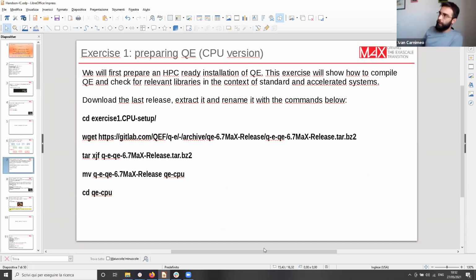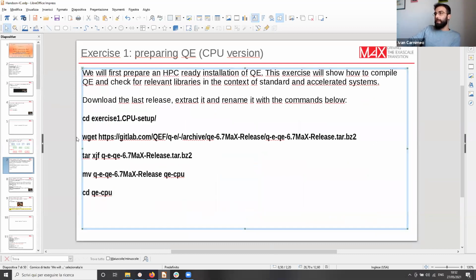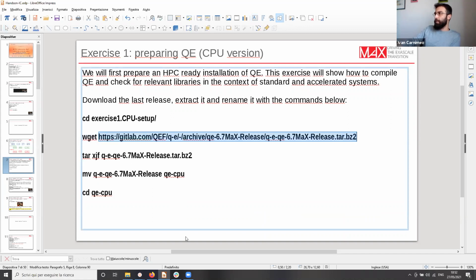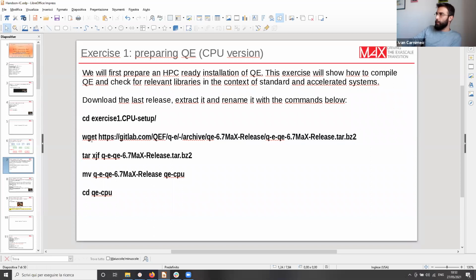First of all, you go inside the first directory, exercise 1 CPU setup, and you download the source code of Quantum Espresso from the repository. Of course, I suggest you copy and paste this command from the readme.md file that you will find in the exercise 1 CPU setup folder.